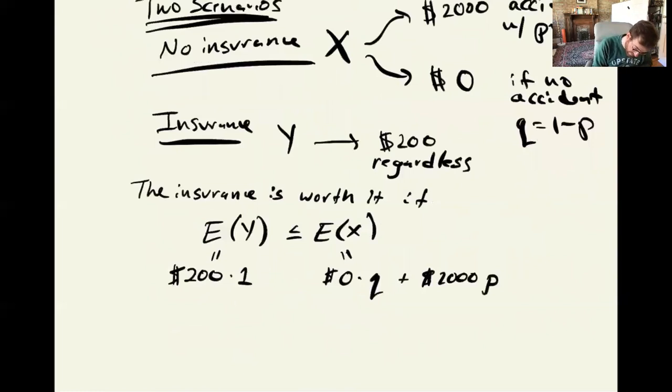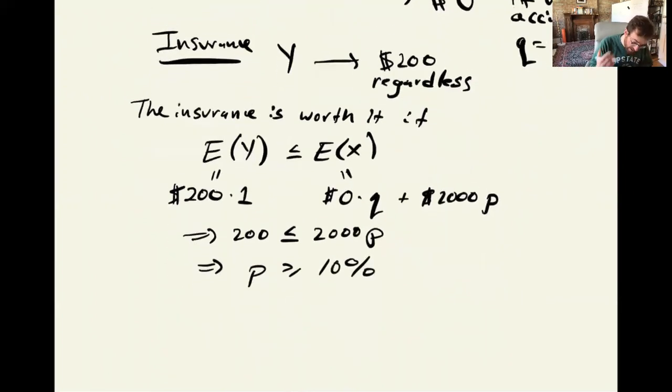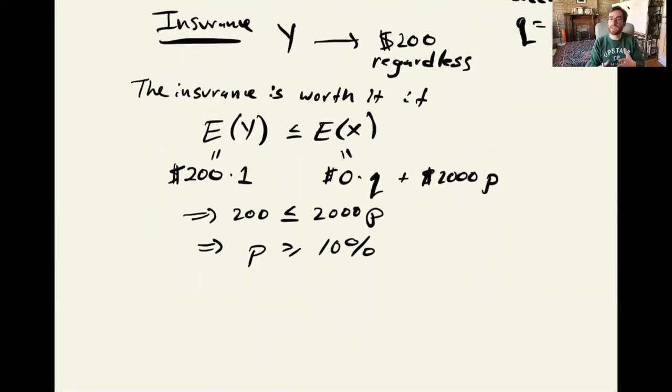Well, you could just see it here. So 2,000 P has to be greater than or equal to 200, which is the same thing as saying that P needs to be greater than 10%.